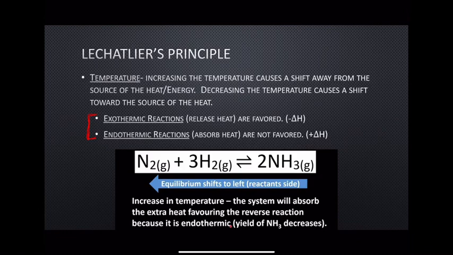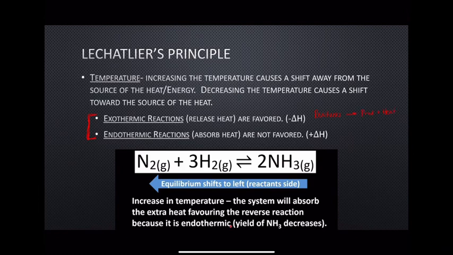So, all reactions are one of two types. They are either an exothermic reaction that releases heat, okay? So in an exothermic reaction, you have your reactants yields products plus heat.